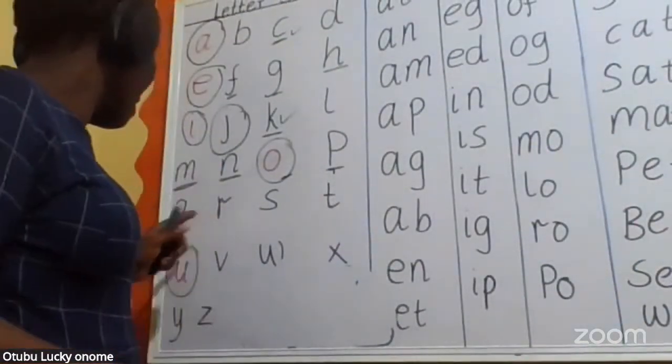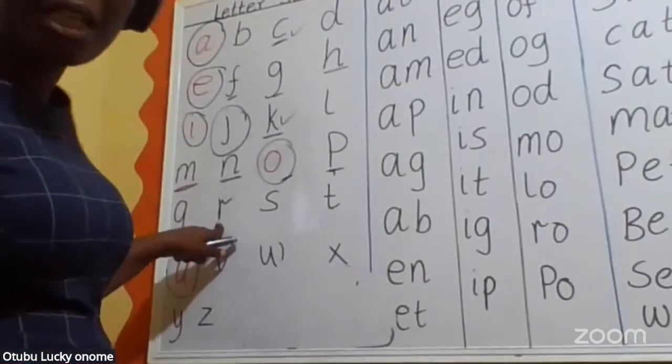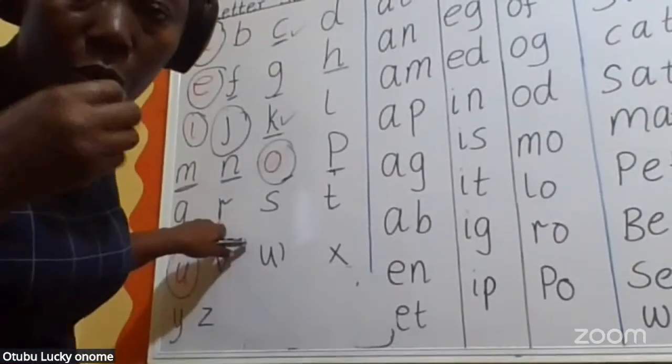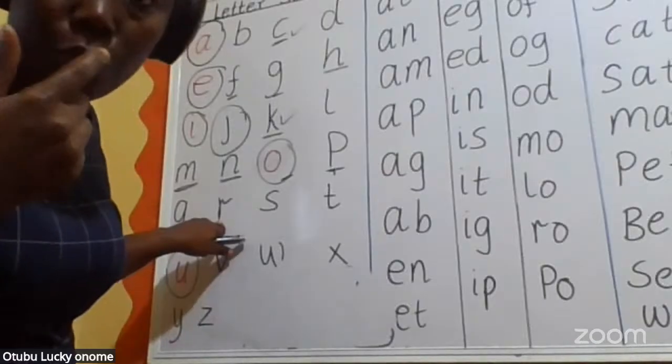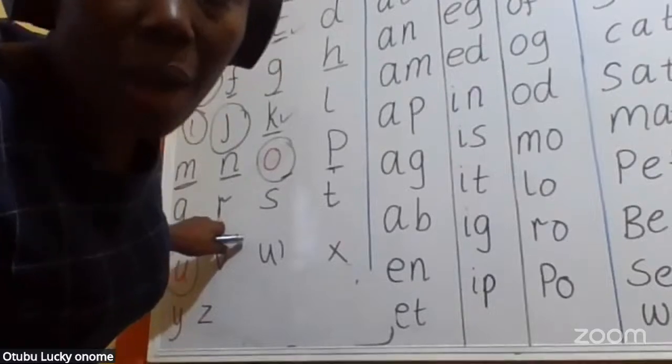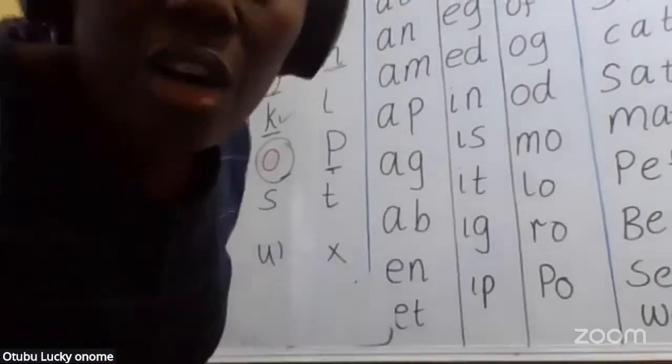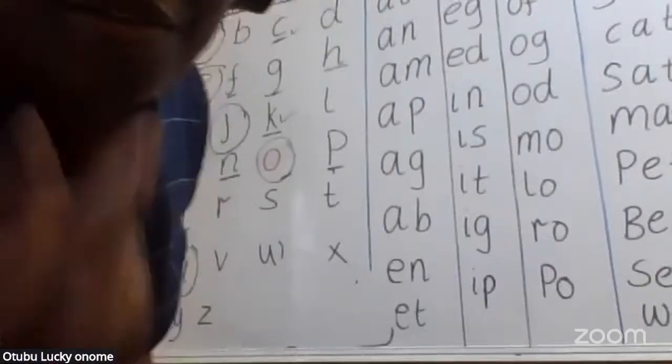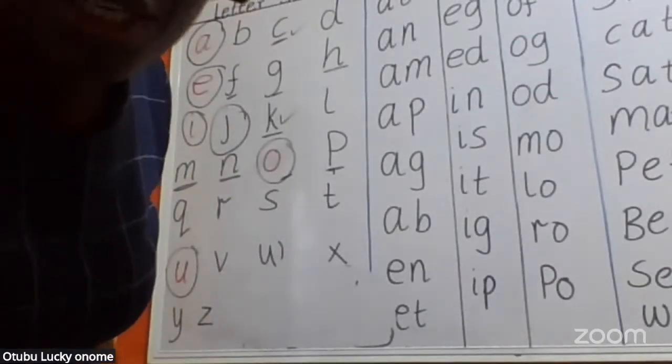The next sound: when you are saying this sound, your tongue is folded. You fold your tongue. Rabbit. So I fold my tongue to pronounce this sound properly.